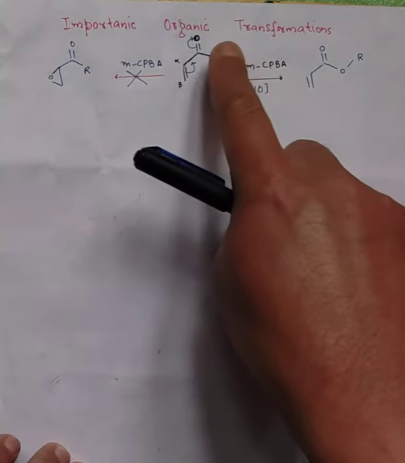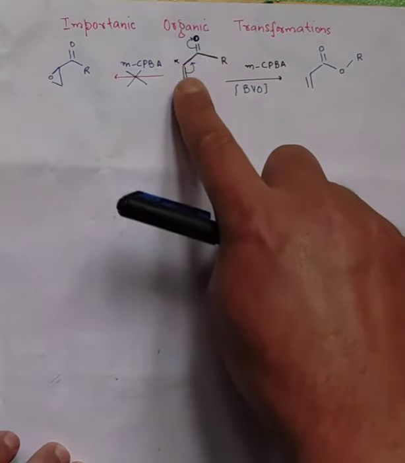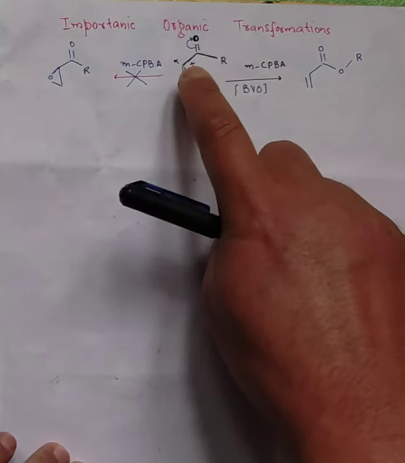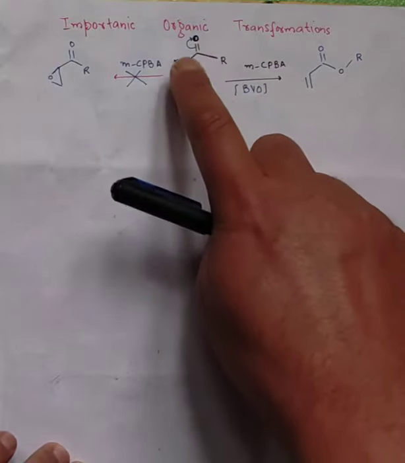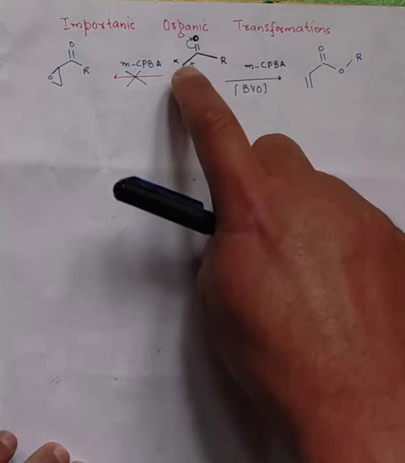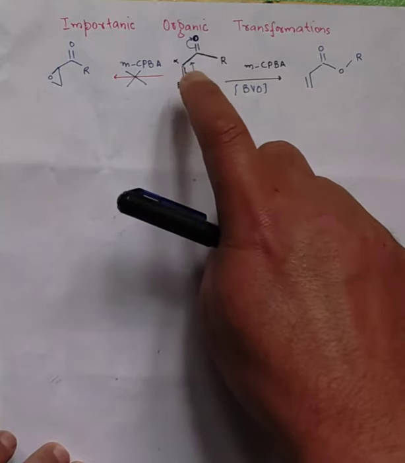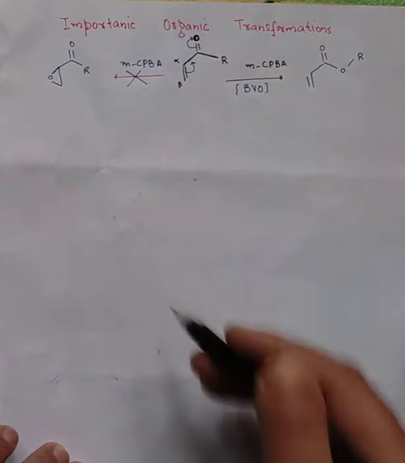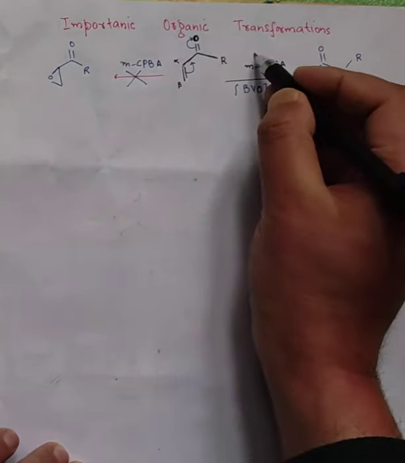But in this case, because of the alpha beta double bond which is in conjugation with this carbonyl, this bond is electron deficient. Because it's electron deficient, the epoxide is not formed. So rather this is the route which is preferred.